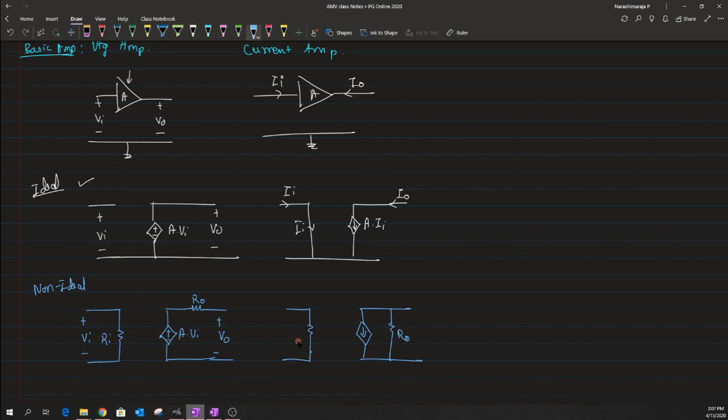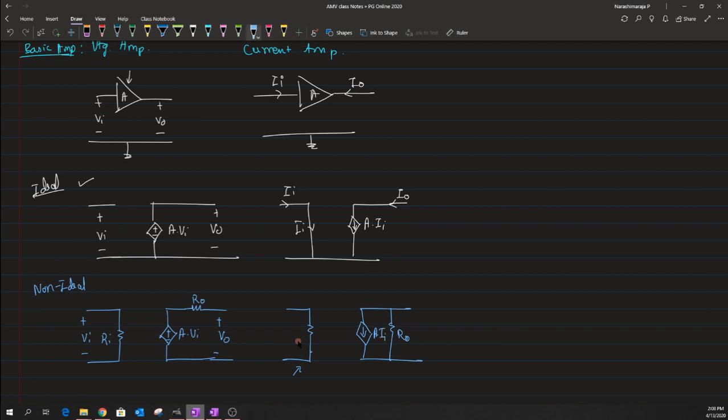I'm not pretty sure about this current flow. So probably this is the non-ideal current amplifier notation. I'm not pretty sure about this input component, but I'm pretty sure about this output component here, that is the non-ideal condition at the output.